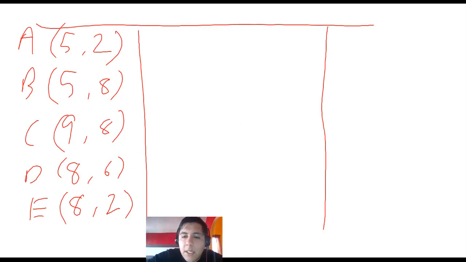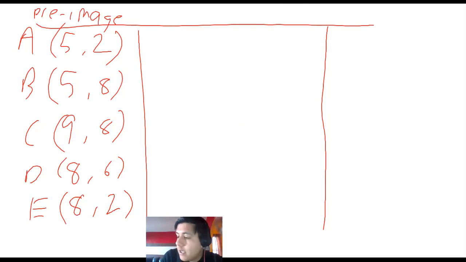And so before we make a transformation, we're going to call this our pre-image. Our pre-image is whatever the shape is before our transformation.